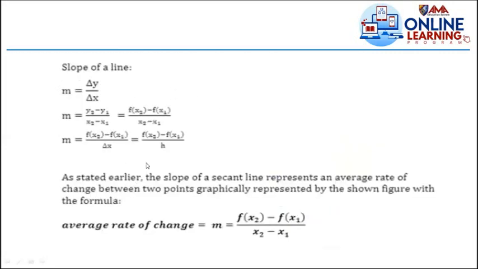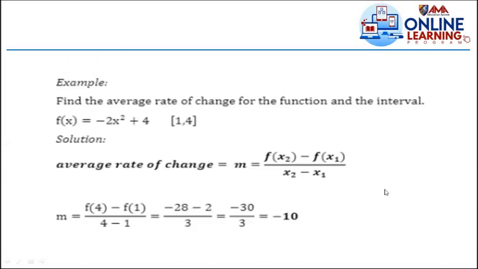As stated earlier, the slope of the second line represents an average rate of change between the 2 points, graphically represented by the shown figure with the formula. So, the average rate of change, that is our slope, is equal to f(x2) minus f(x1) divided by x2 minus x1.